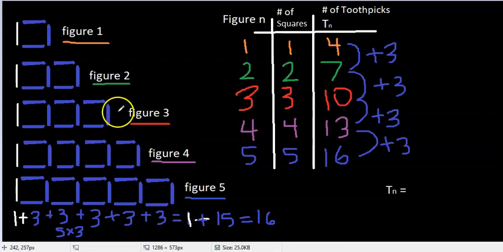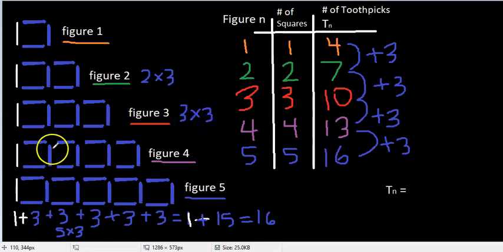For figure 3, we're going to add the 3 toothpicks. We're going to add them 3 times. So for figure 3 it would be 1, 2, 3 times 3. For figure 2, it would be 1, 2 times 3 to get the number of blue toothpicks.